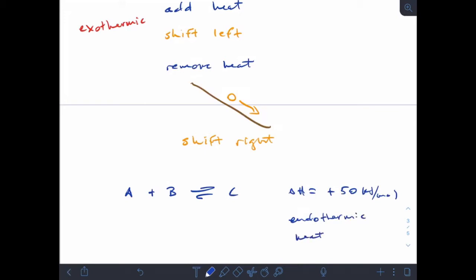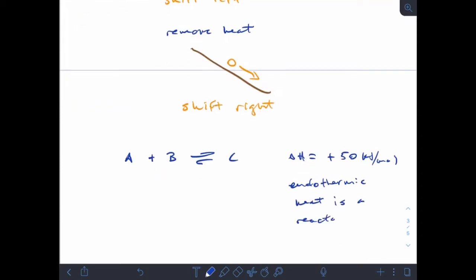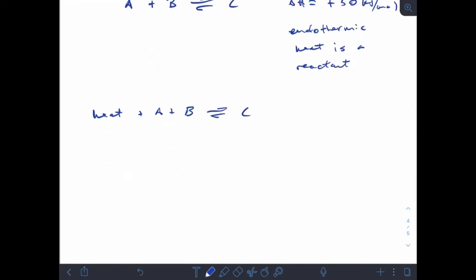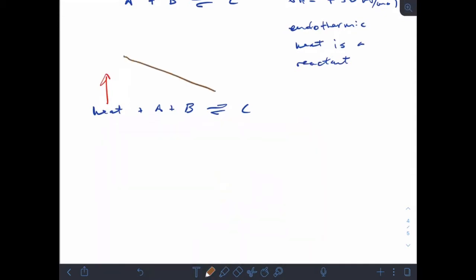So heat is a reactant. Okay, so I could rewrite my equation and say heat plus A and B in equilibrium with C. So if I add heat, that shifts my plank up on the left side, and my ball rolls downhill.